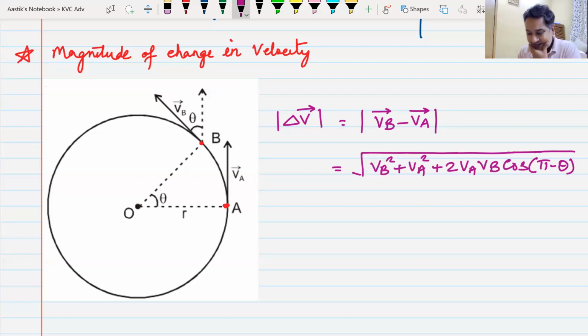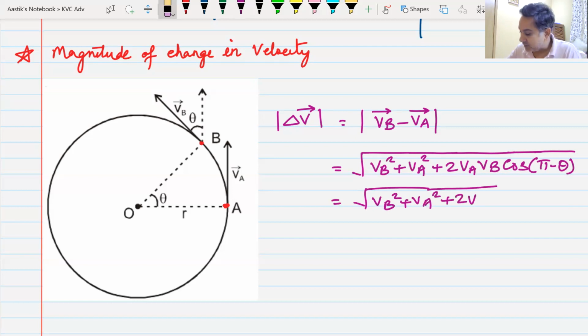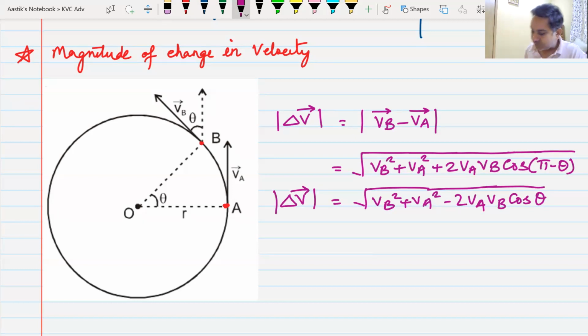Cos of 180 minus theta is minus cos theta, so your final answer will look like this: VB square plus VA square, oh sorry, instead of plus you will have minus 2 times VA VB cos theta. So this is the general formula of magnitude of change in velocity.